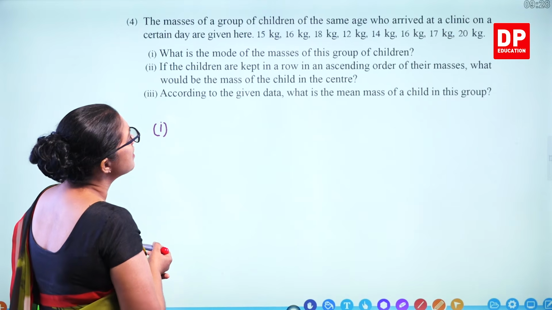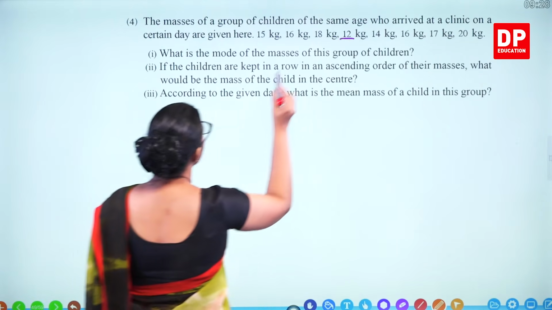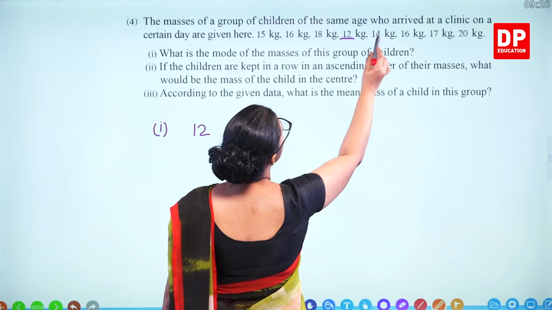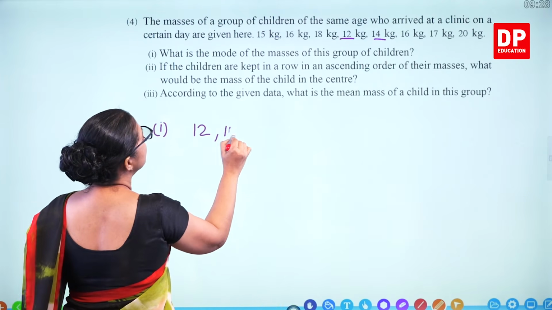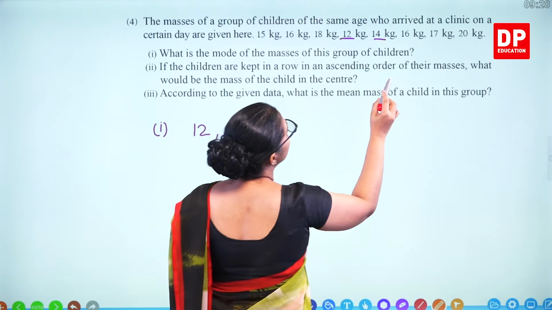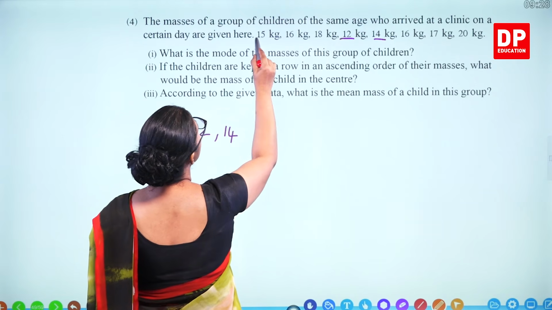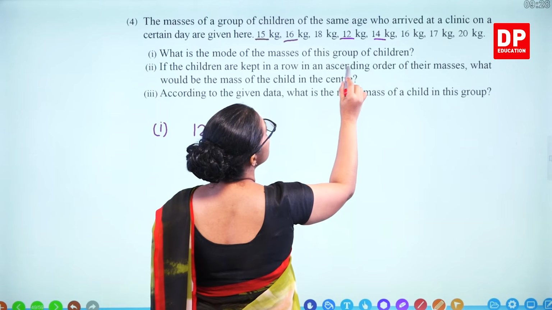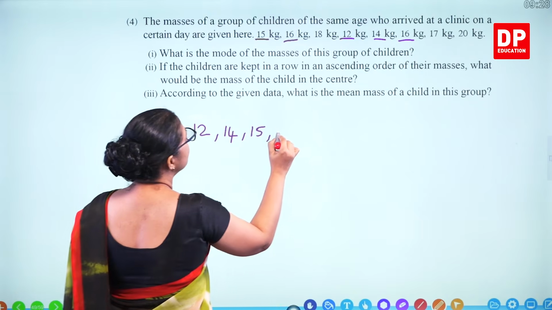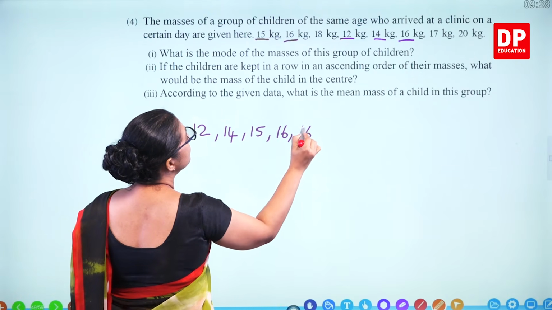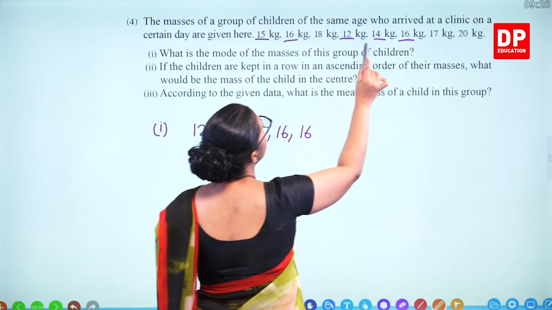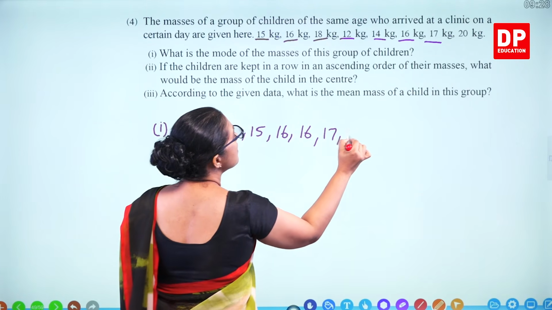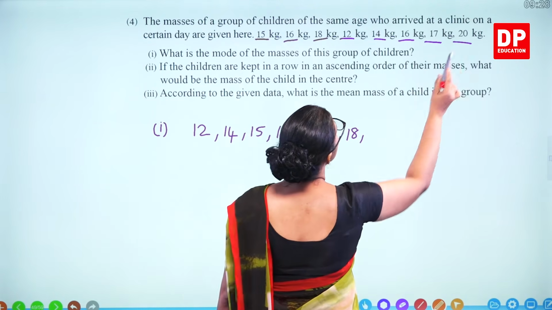So you get 12, 14, and you get 15, 16 twice, and then 17, 18, and 20.